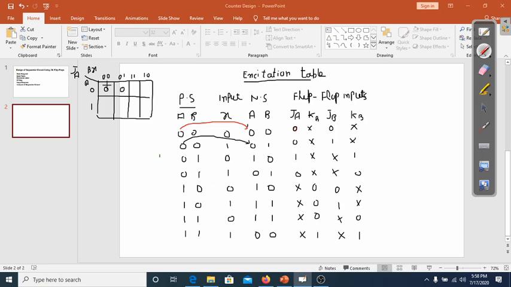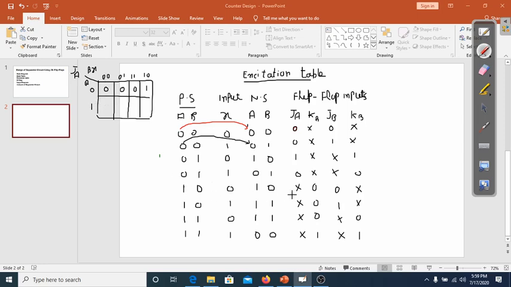For 0 1 1, JA is 0. When we have 0 1 0, then JA is equal to 1. So next A is equal to 1 here, 1 0 0, this combination is 1 0 0.